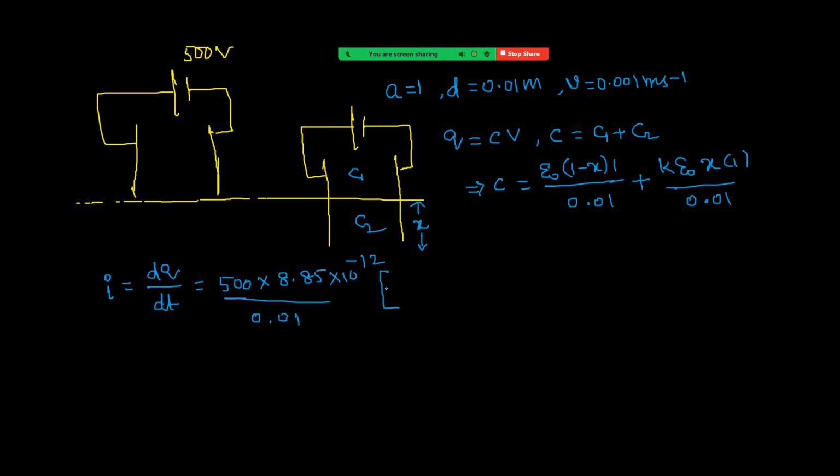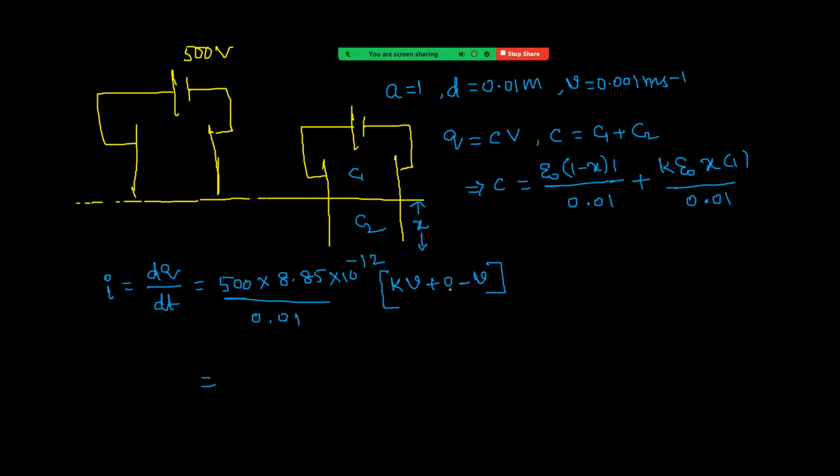See what else is left here. It is Kx plus 1 minus x, right? Kx plus 1 minus x, derivative. It becomes K into v plus 0 minus v. See carefully: derivative of Kx, K into v. Derivative of 1, 0. Derivative of minus x, it is minus v. Check it once. V value 500, epsilon naught given, and this is now 0.01. Right.